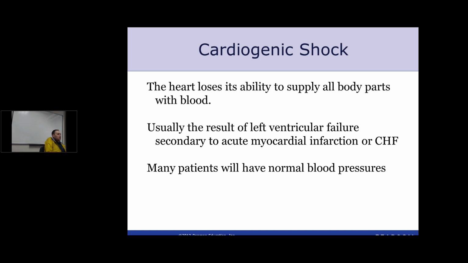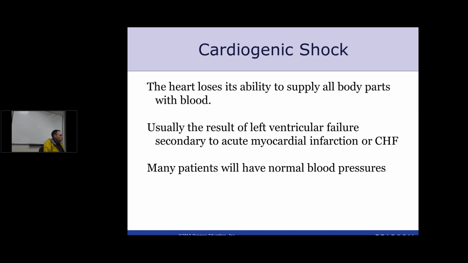So cardiogenic shock. This is a problem with the pump, right? It can't pump enough blood to support the body. Cardiogenic shock is usually a problem with your left ventricle, because that's where your systemic pump is, right? Secondary to acute myocardial infarction, or CHF. Now, why would many patients have normal blood pressures in cardiogenic shock?